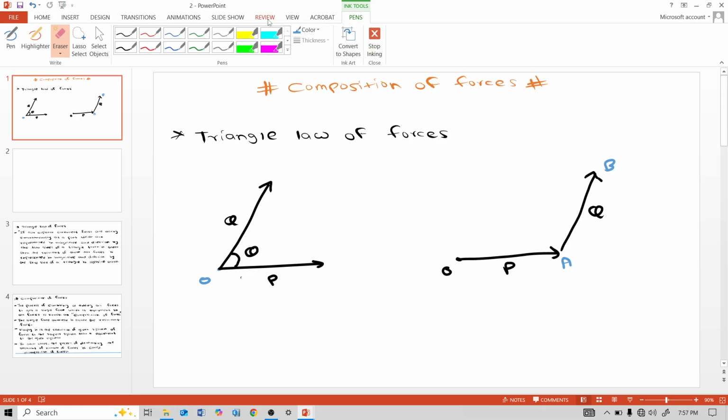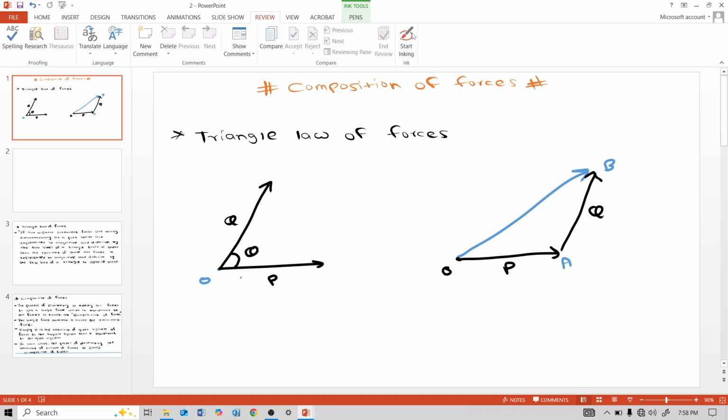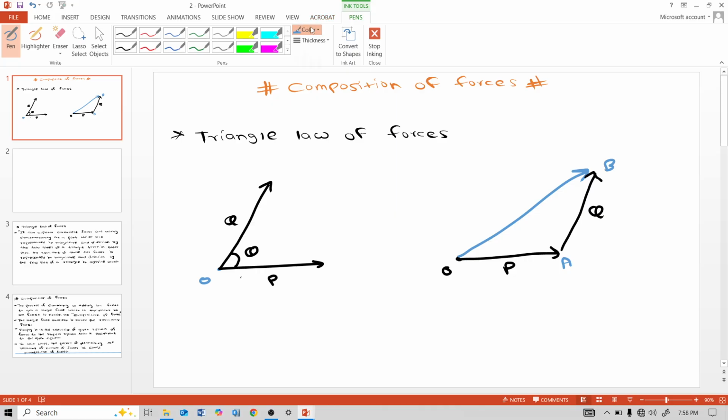But what will happen here? This resultant of those P and Q is not in order. See this. Here only head matches at point B. This Q horizontally, Q force is making an angle theta.